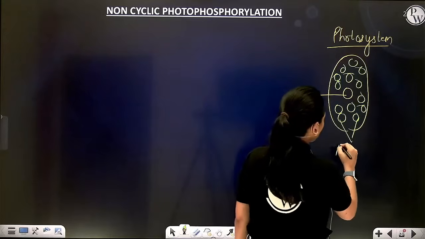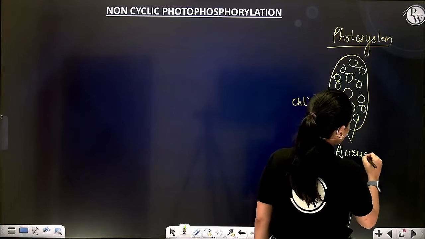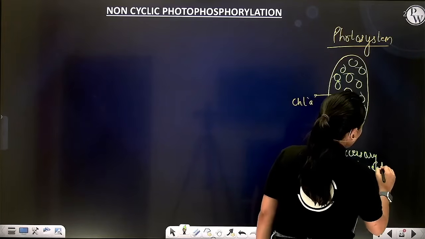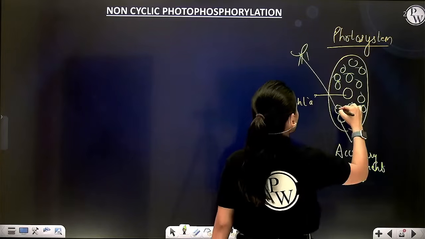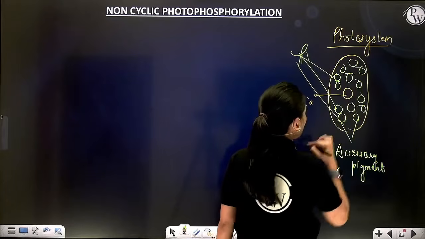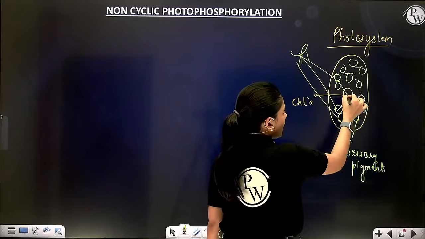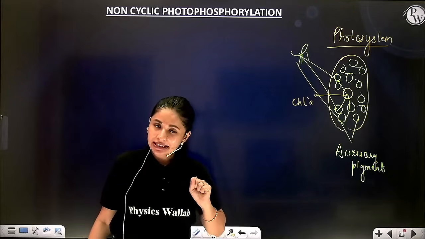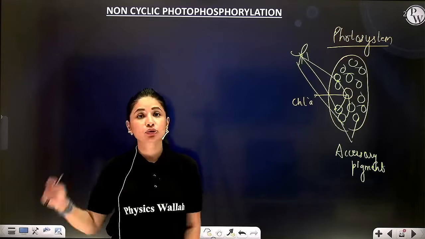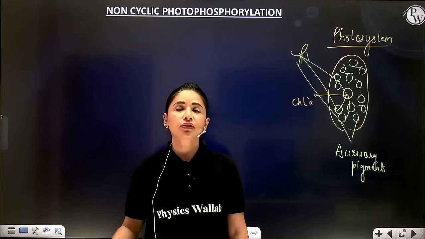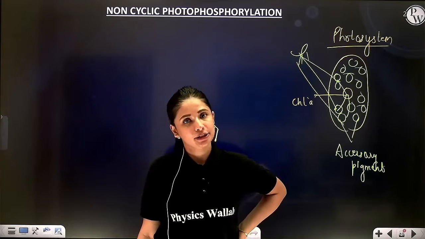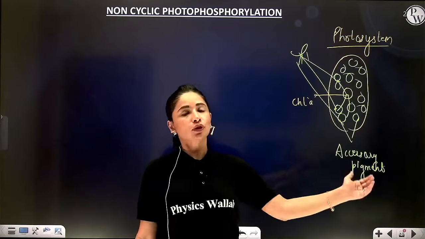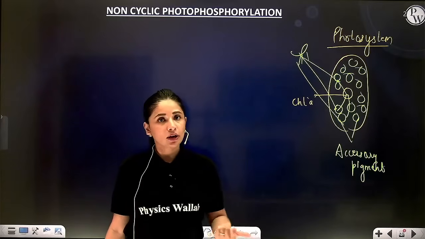So these are a group of accessory pigments whose function is to trap light of different wavelength and transfer it to chlorophyll A. This chlorophyll A collects the light and then converts it into chemical form with the help of different types of phosphorylation. Correct? So this is how a photosystem looks like. Such photosystems are present on the thylakoidal membrane.